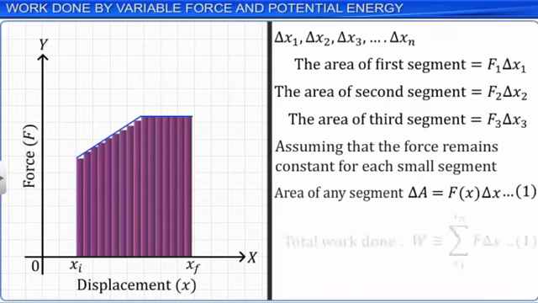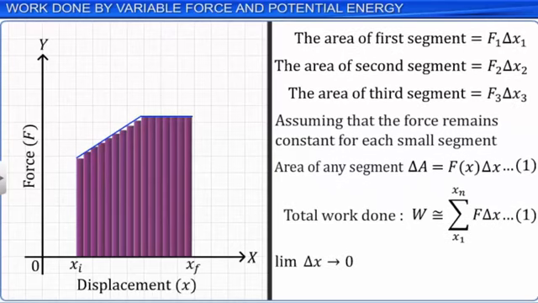The total work done is equal to the sum of the areas of all the small elements, which is equal to the summation of F delta x taken within the limits from x1 to xn, as in expression 1. If the size of each segment is very small, each segment tends to 0, and we have a large number of such segments.